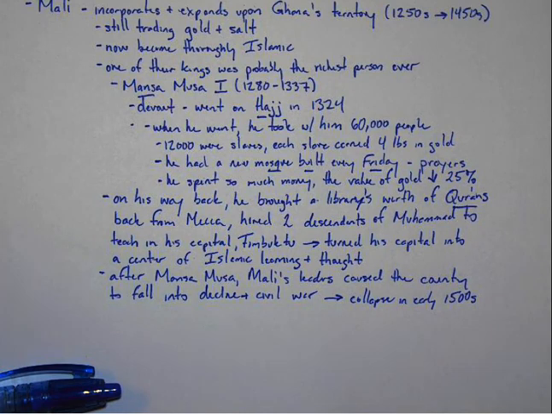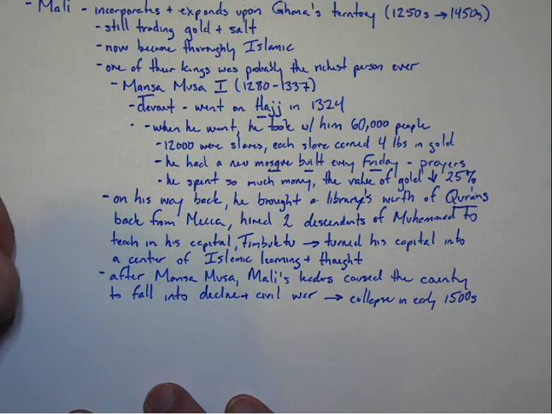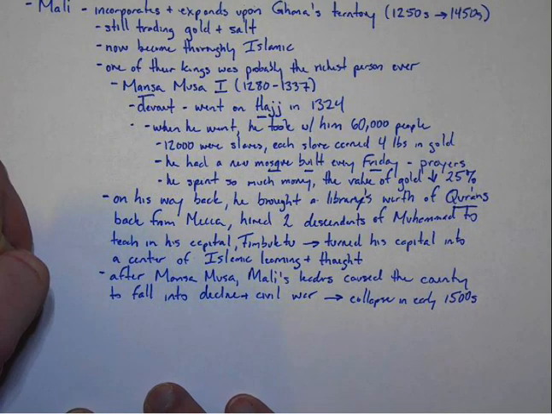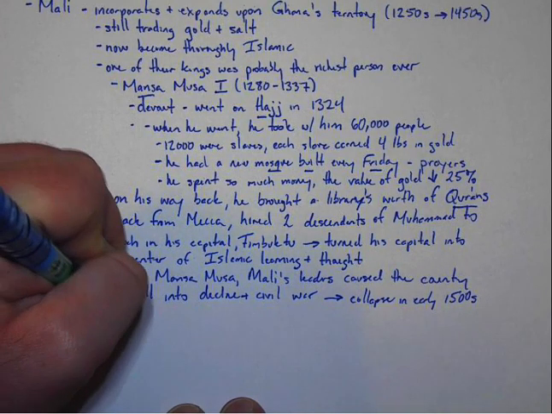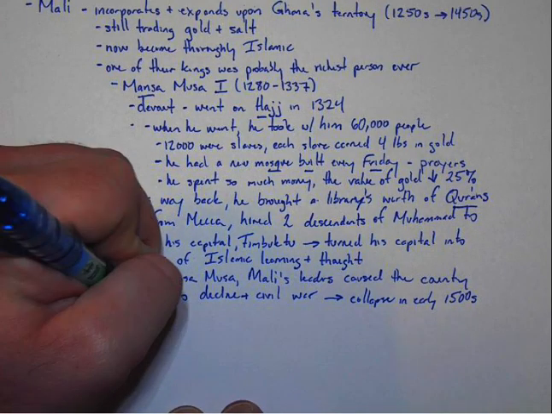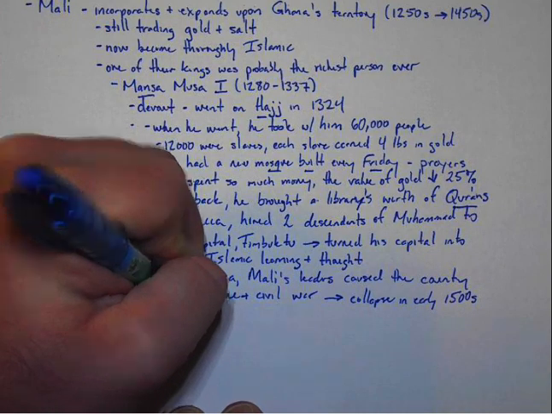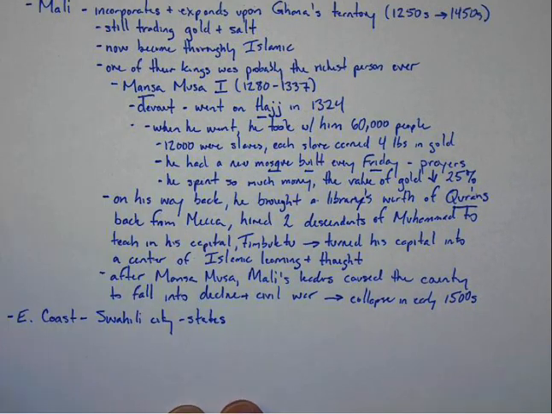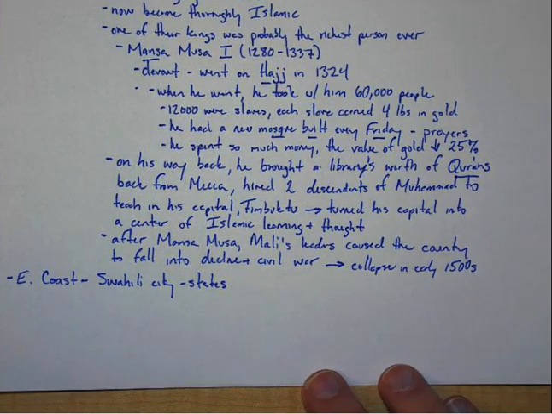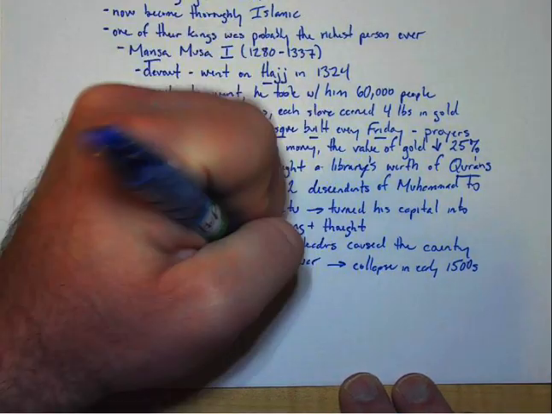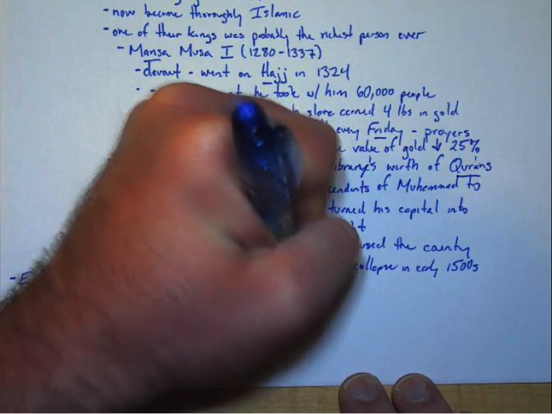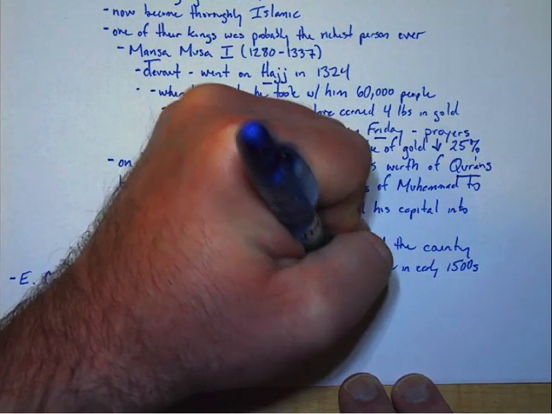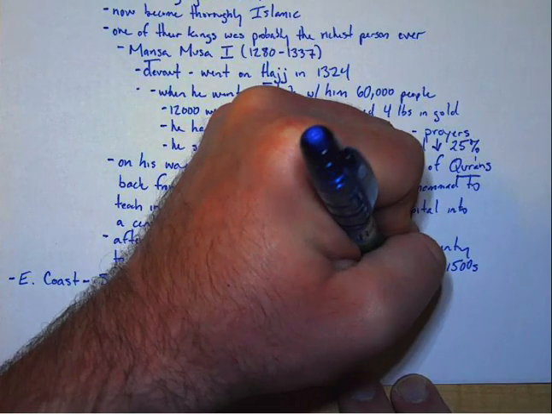Now, I do want to take just a minute and kind of refresh our memories about what's going on on the east coast of Africa with the Swahili city-states. Remember that Swahili is kind of a mixture of Arabic and Bantu languages.